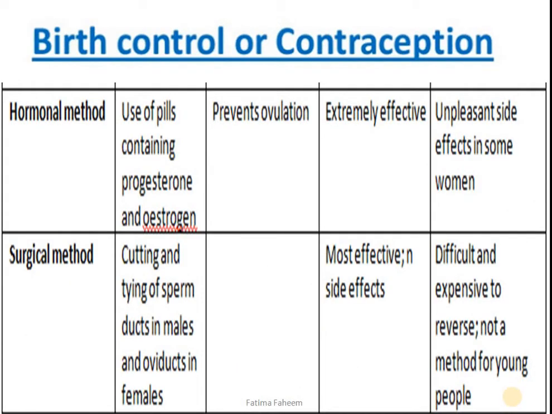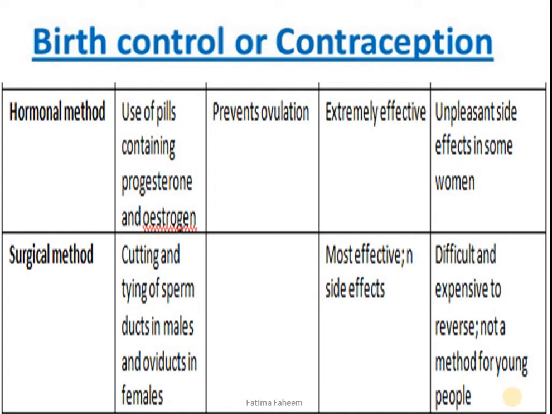Next method is hormonal method, where the female uses the pills. These pills contain progesterone and estrogen-like chemicals. Keep in mind that the chemicals' nature is quite similar to that of progesterone and estrogen. If you remember the function of progesterone and estrogen, you would be quite familiar with that both of these hormones prevent ovulation and also prevent the follicle development.